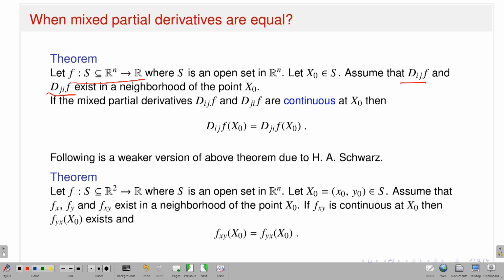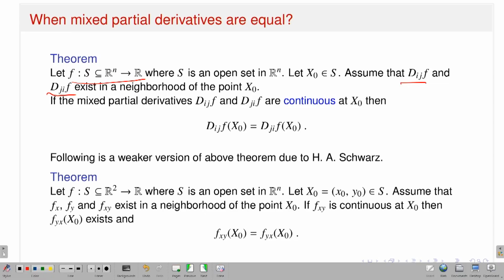So I am not only talking about the existence at the point x naught, rather I am talking about the existence of mixed partial derivatives in a neighborhood of x naught. I also demand that they should be continuous at the point x naught.